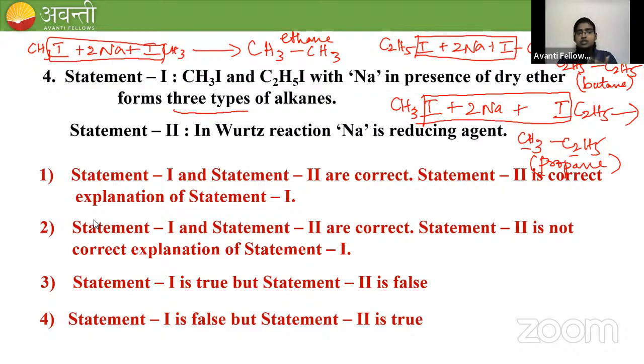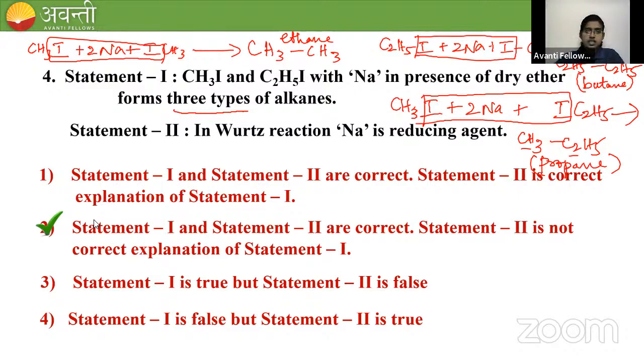So that should be the correct explanation for statement 1. So the answer would be statement 1 and statement 2 are correct, but statement 2 is not the correct explanation of statement 1. So option 2 is the correct answer for this question.